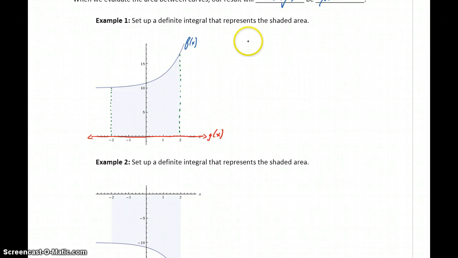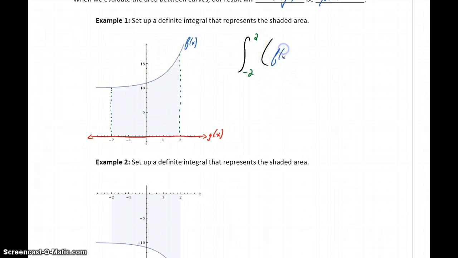So we could write an integral of the form integrating from -2 to 2, and then to represent finding the area between these two curves, we'll identify whichever function is taking on the greater function values. So in this case, f of x always has the larger function values.